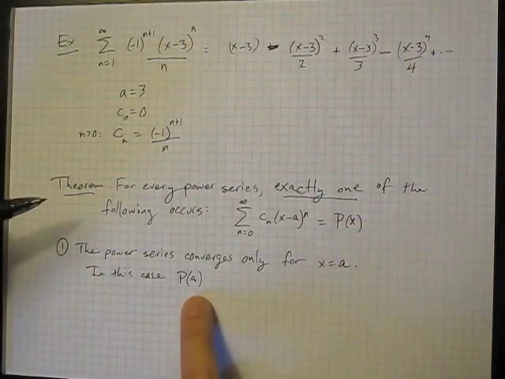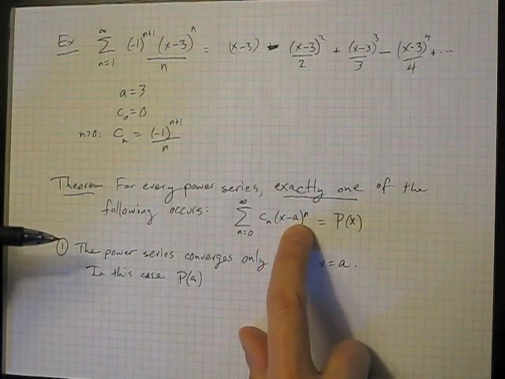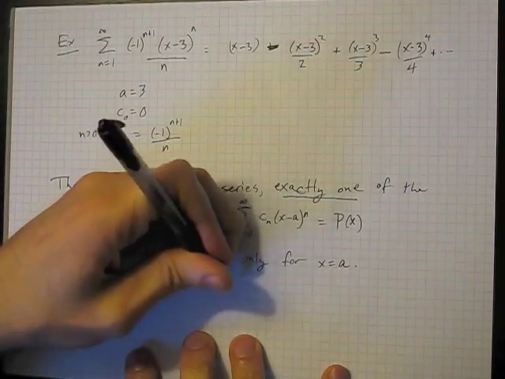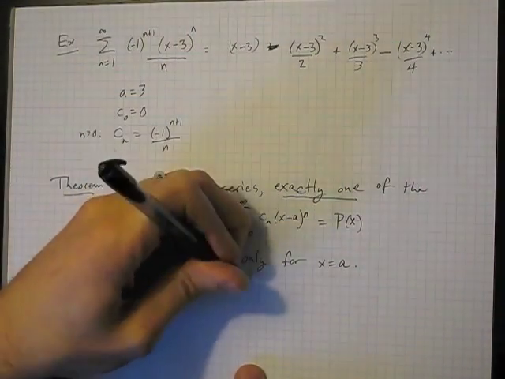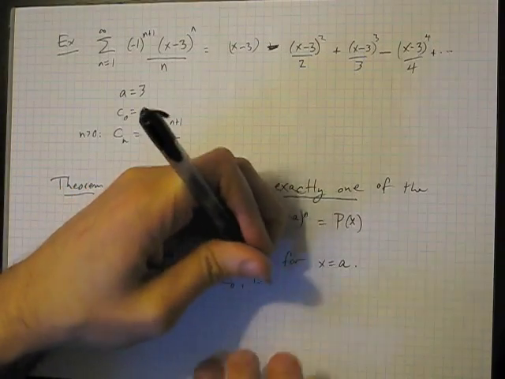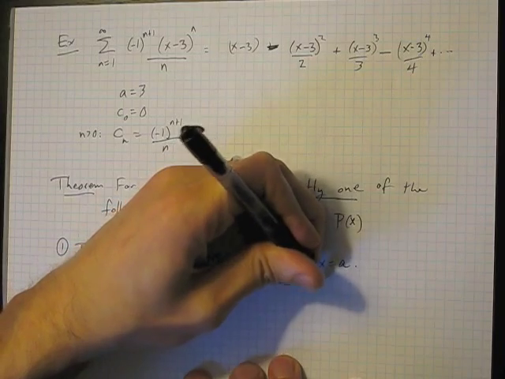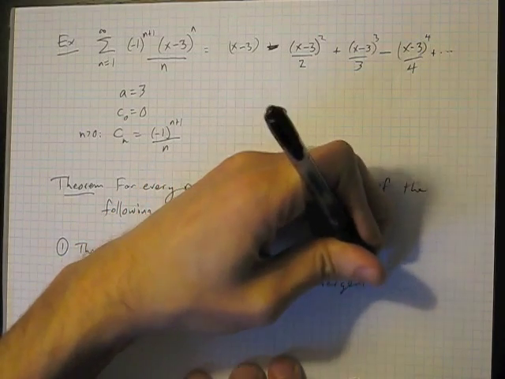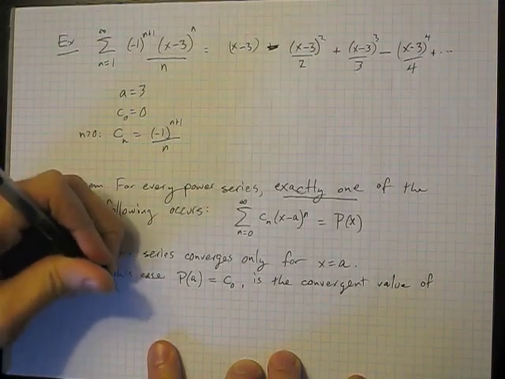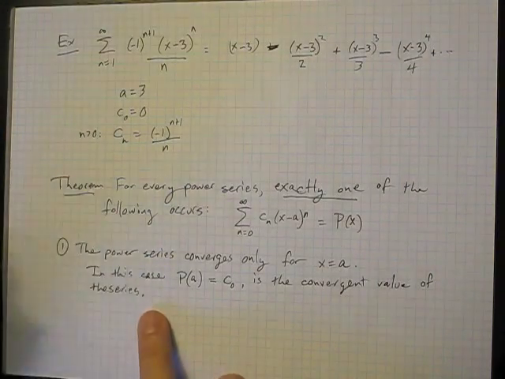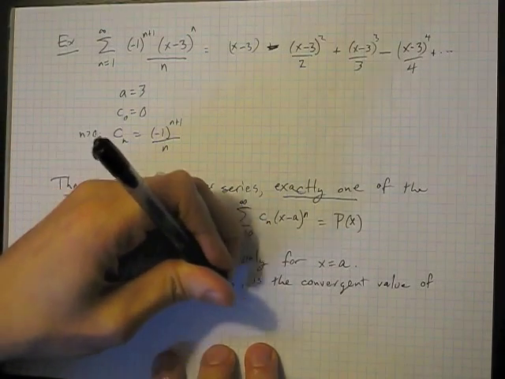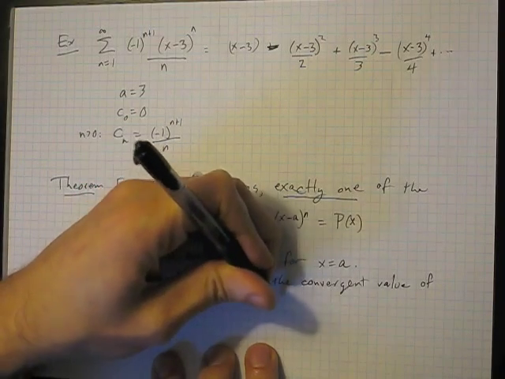When you plug in a into P, all of the terms have a minus a, so the only term that shows up will be c0. So this is the convergent value: P of a equals c0 is the convergent value of the series. And we say the radius of convergence is 0.